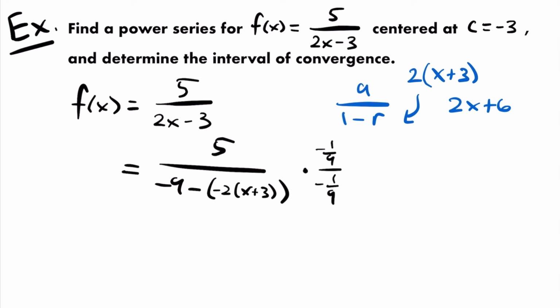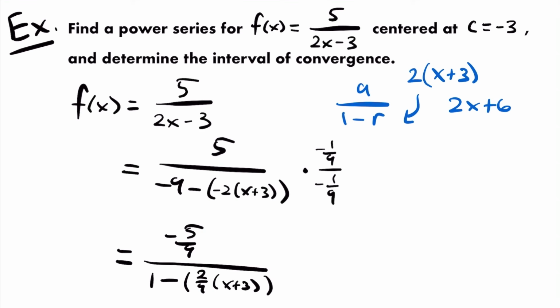All right, and so if we do that, we'll have that this function is equal to negative 5/9 divided by 1 minus positive 2/9 times x plus 3. Right, so negative 1/9 times 5 is negative 5/9. Negative 1/9 times negative 9 is positive 1. And then negative 1/9 times this quantity, we'll just multiply it by the negative 2, since everything's being multiplied together.